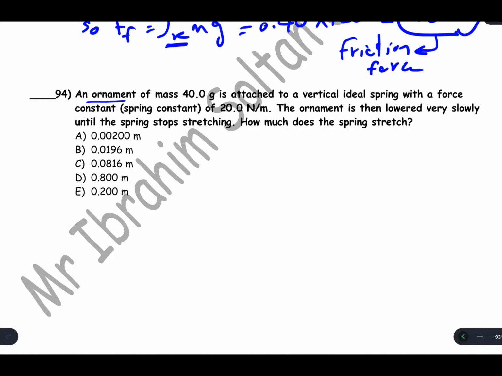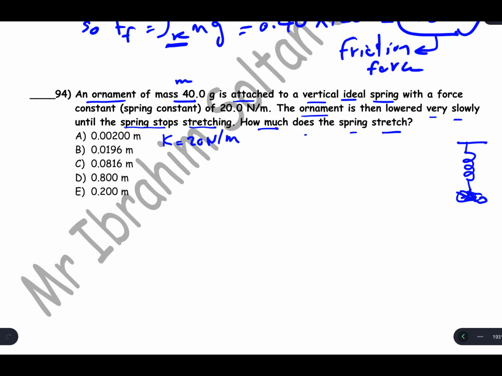An ornament of mass, he gives you the mass, is attached to a vertical ideal spring. This is the ornament, with a spring force constant K equals 20 Newtons per meter. The ornament is then lowered very slowly until the spring stops stretching.